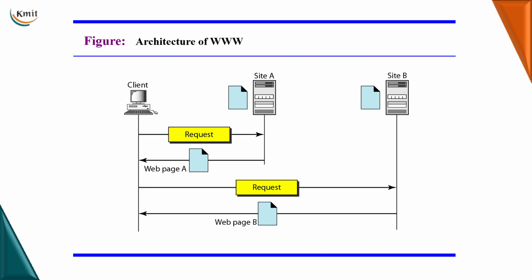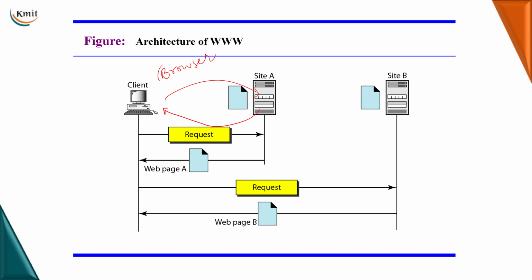WWW is a distributed client-server service program where the client, that is a browser, will request a service from the server, and the server in response will give a service to the client.